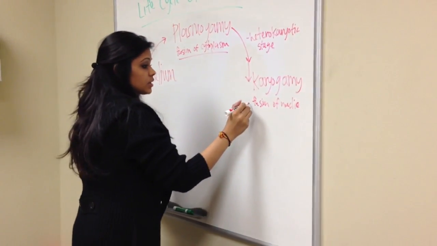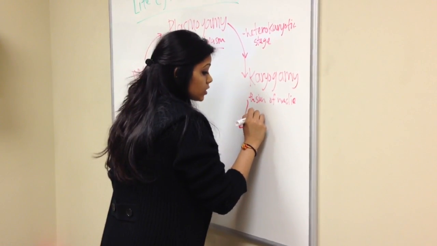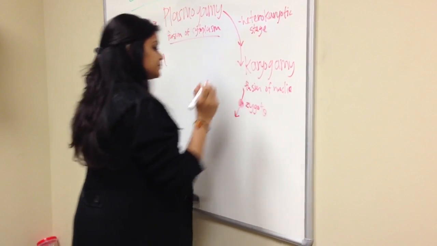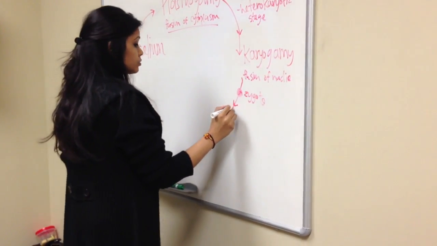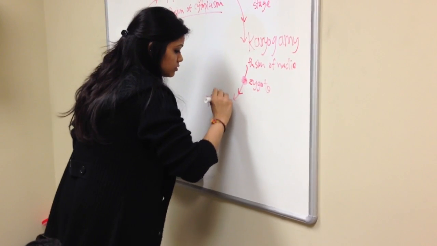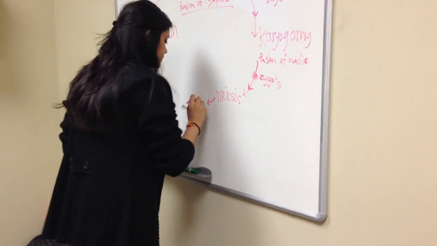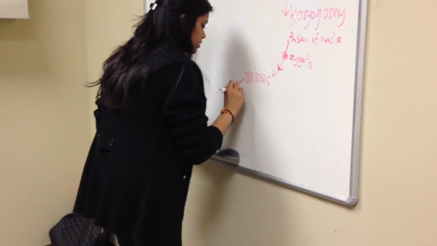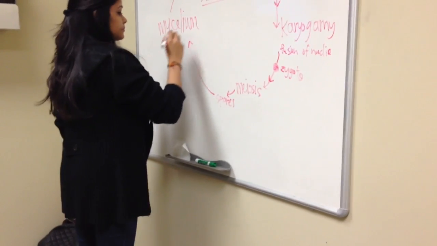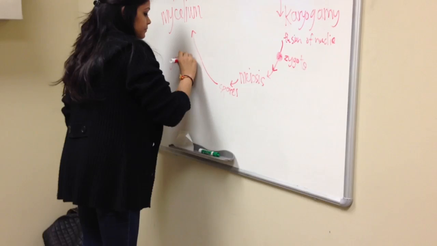And this produces a diploid zygote. And this goes on to meiosis, and goes on to spores. Okay, spores lead on to germination, which leads us back to mycelium.